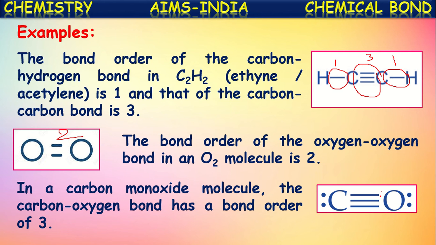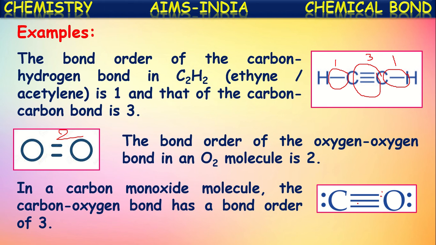Then oxygen shares a pair of electrons for the formation of a dative bond with the carbon, and thus a coordinate covalent bond will be formed after the formation of the double bond, and this coordinate covalent bond is no more different from a covalent bond once after formation. That's why these three bonds are considered together as a triple bond.